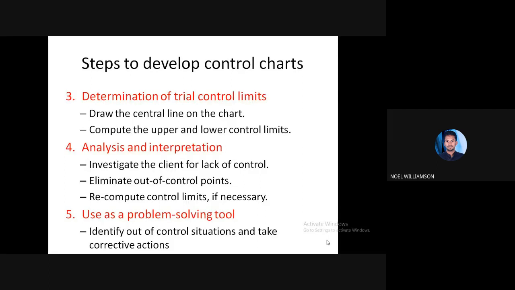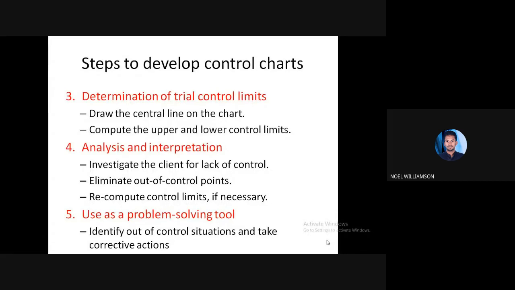A central line is to be considered where it is the mean position or the mean value of whichever data we got. That is to be given by a central line on the chart. Then after that, we have to compute the upper limit and lower limit based on the customer requirement. So based on that, we will set the upper and lower control limits.